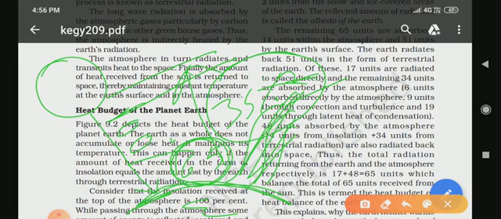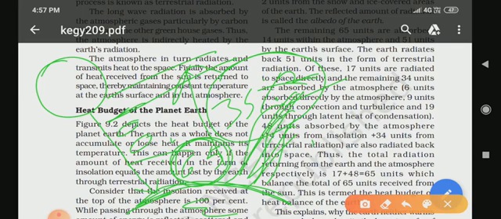So now we can say there are a total of 48 units of heat in the atmosphere, 14 units from the sun and 34 units from terrestrial radiation. Finally, these 48 units move back to space, so the total 65 units received from the sun make a balance across all these units.